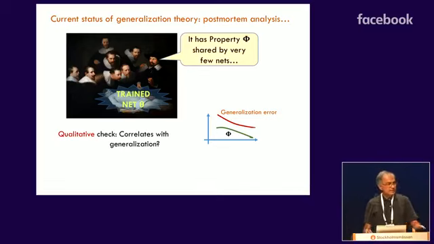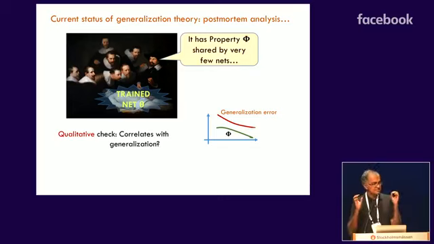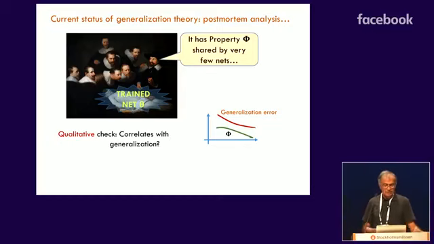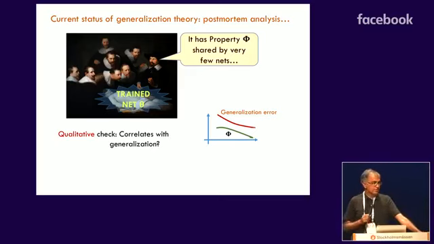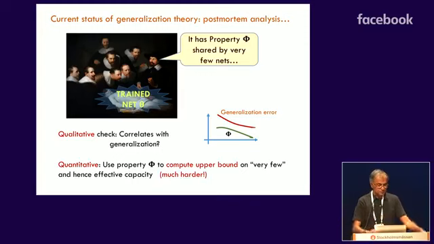But now, keeping with the medical analogy, right, post-mortem and doctors and so on, well, it's just a symptom, right? The property phi is a symptom of better generalization. That's what this correlation says. It's like saying that your fever causes some disease like malaria, right? It's the other way. Malaria causes a fever. So it correlates with generalization, but it may not be the cause. And what the cause will be is maybe a very difficult question.